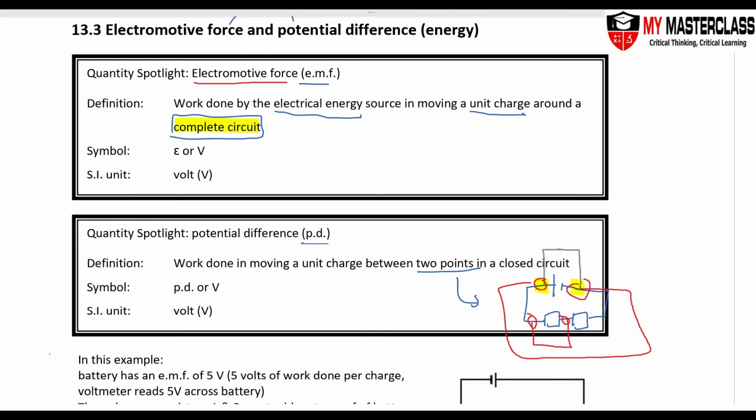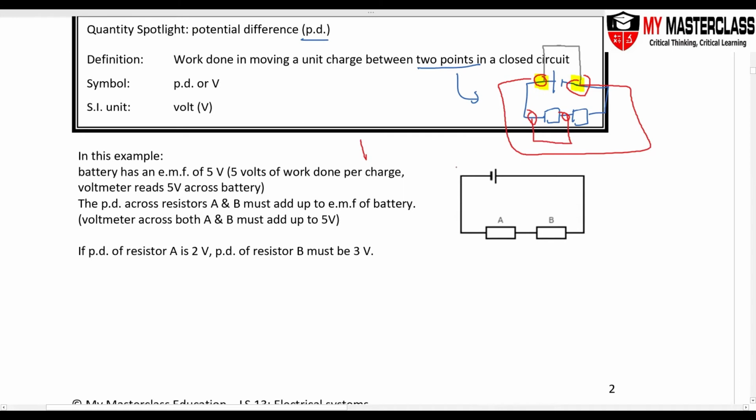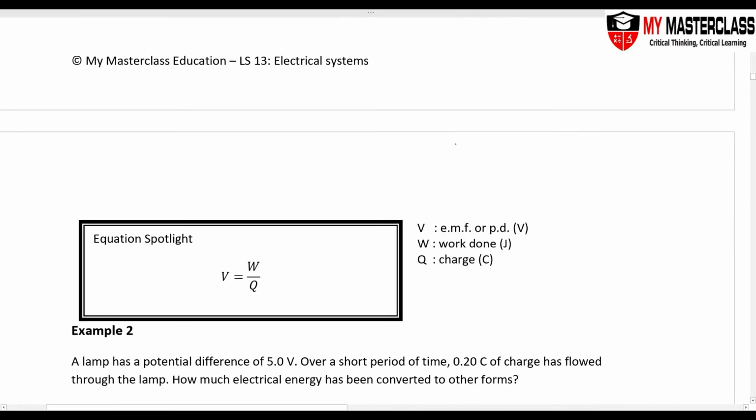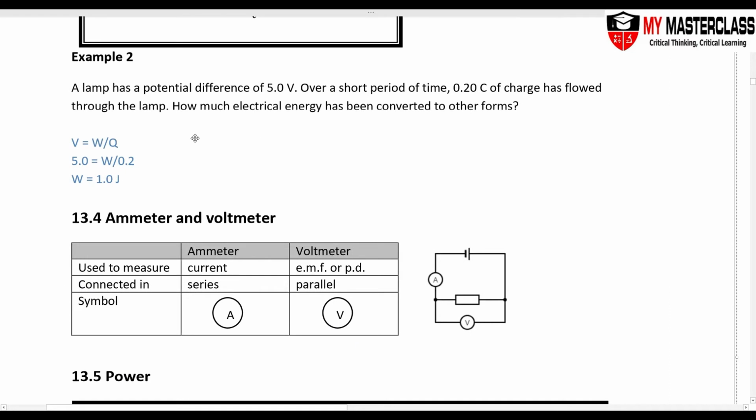Since both of these have similar definitions, the work done in moving a unit charge, they will have the same equation. The work done per unit charge is the voltage. So V is the work done per unit charge. That's how you end up with V equals W over Q. And again, the same similar simple example.